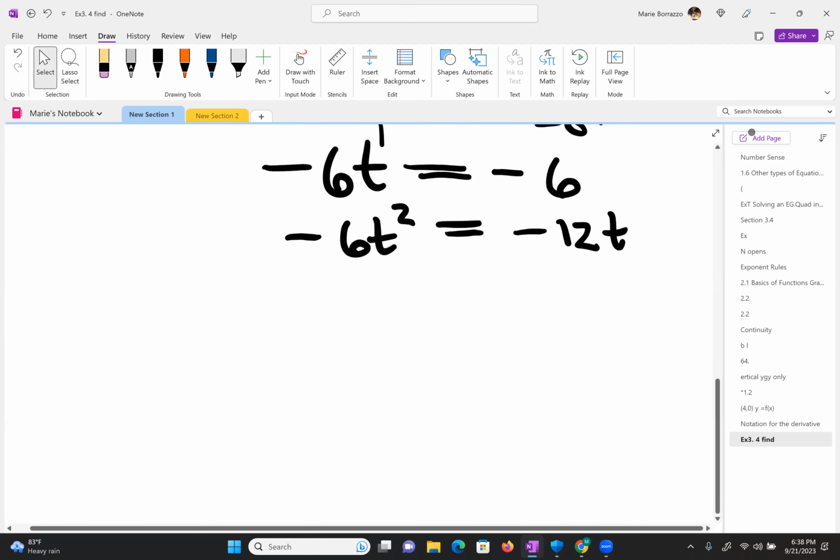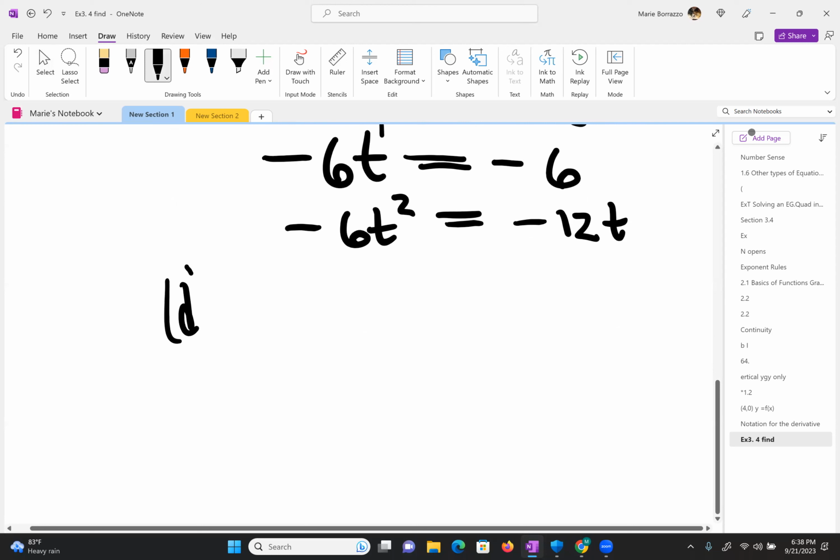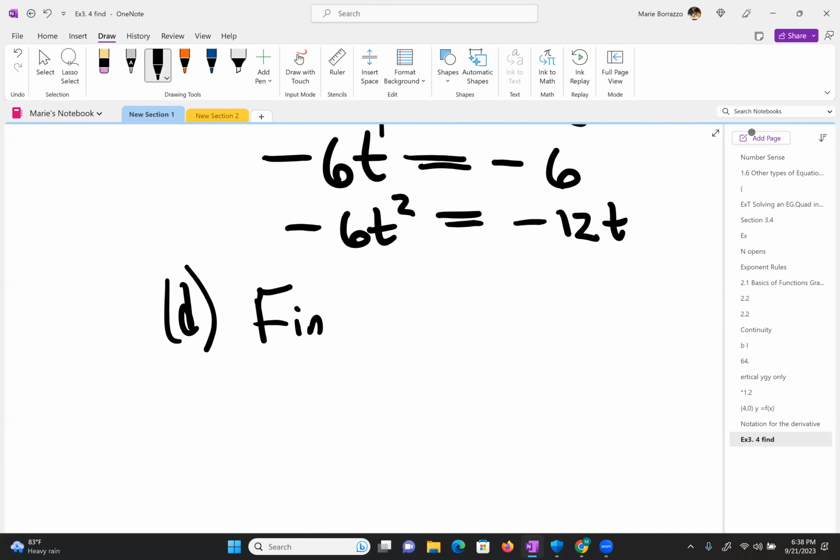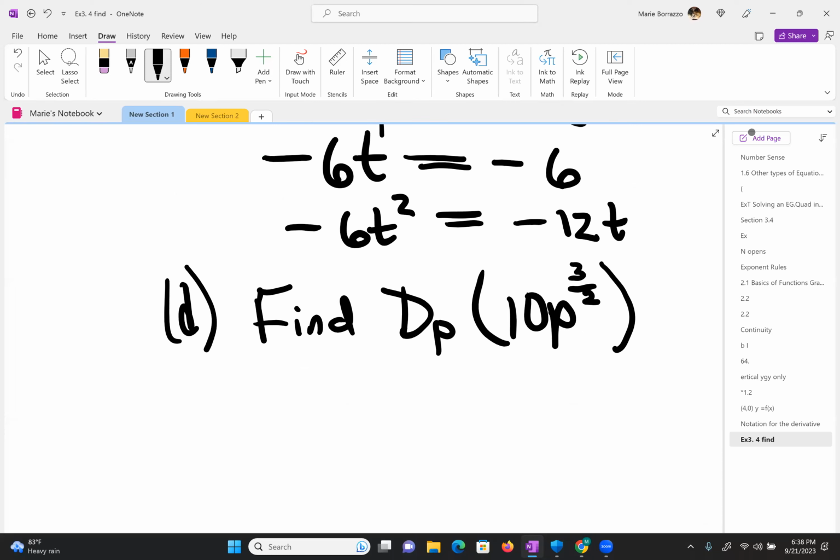This should be interesting. In part D, they're giving us the following. They say find the derivative of p given 10p to the 3 over 2. What is 3 over 2 times 10, which is technically, if you think about it, 1.5.